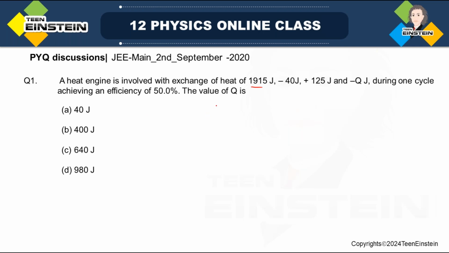So look, in any heat engine the efficiency is work done by heat supplied. Okay, heat supplied. So here actually nothing is said as such, which one is supplied, which one is the work done, etc. But one thing you have to remember here, all the positive heat energies are actually supplied energy.